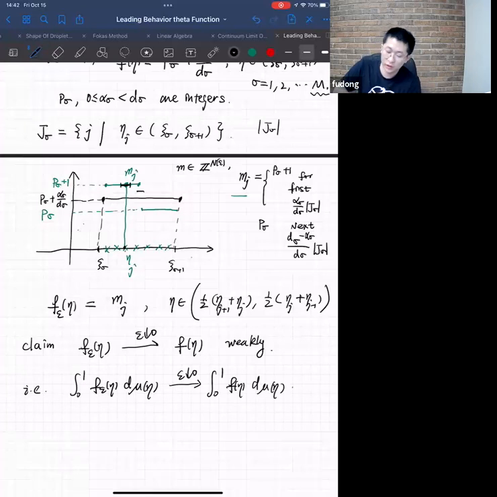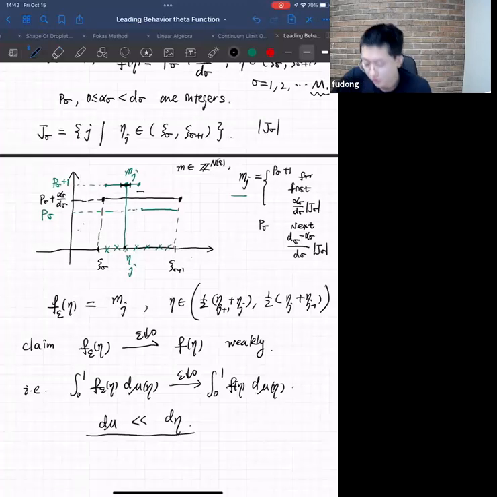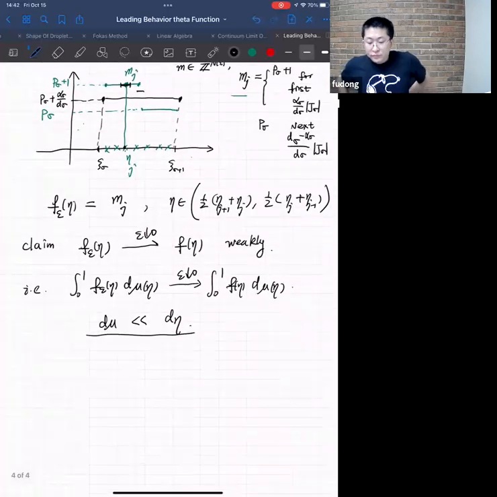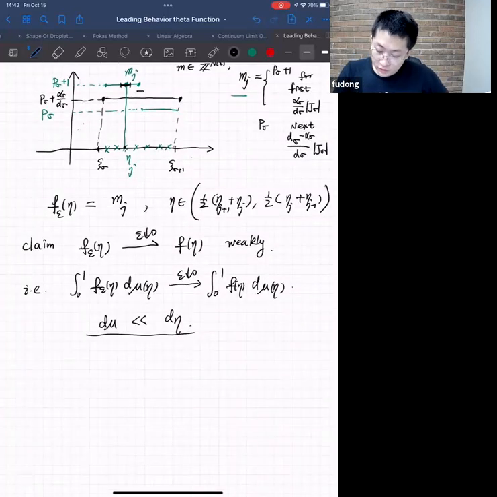So this measure mu, let's assume it's absolutely continuous with respect to the Lebesgue measure. So this is a claim.